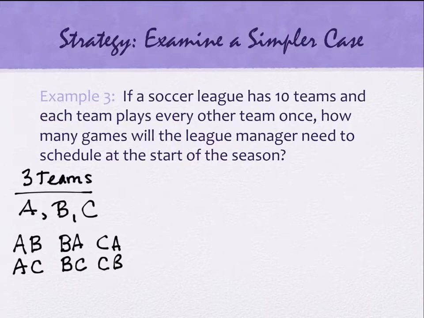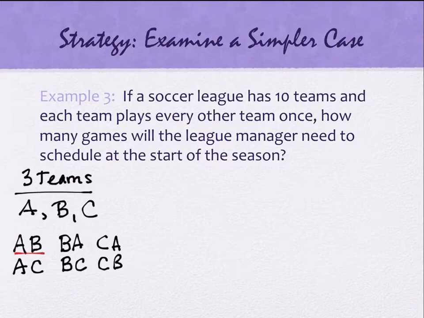Are there? No. Why are there not 6 games? Some of them are repeating, right? In fact, how many of them? Can you tell, Sally? They're all repeated in there, so there's only 3 games.